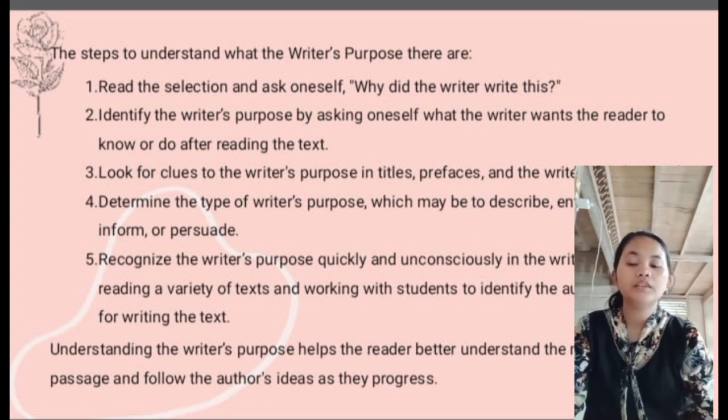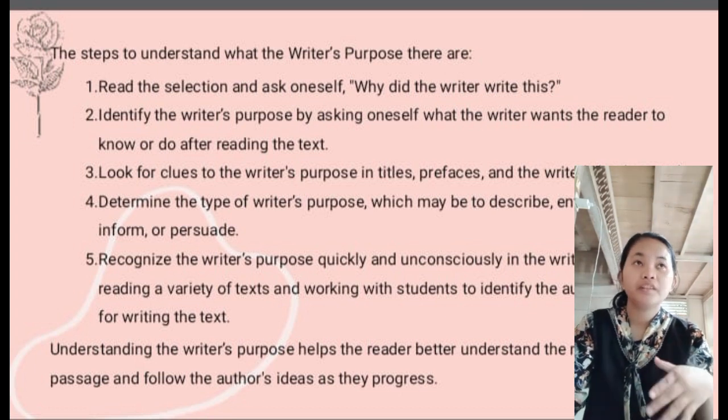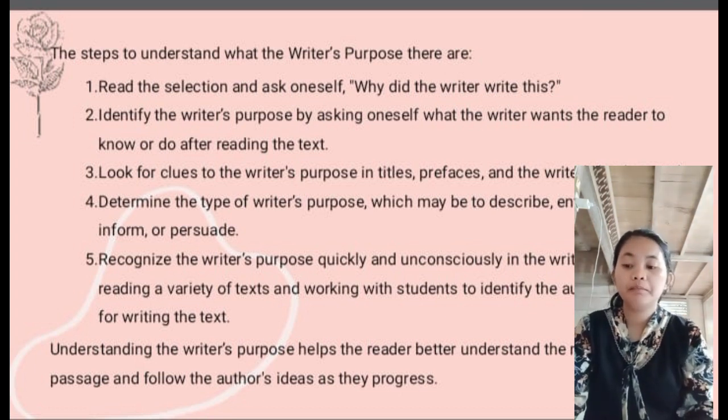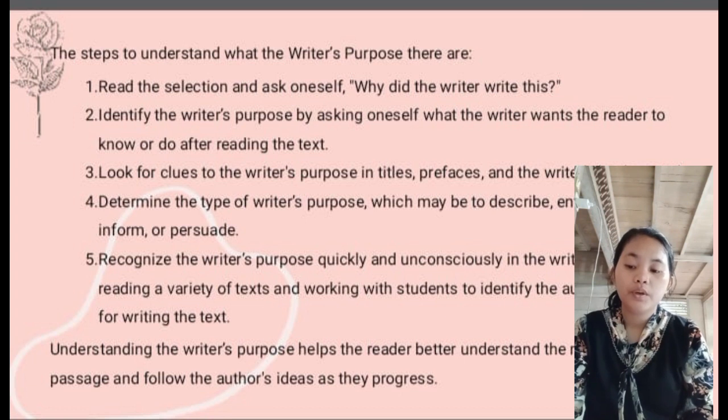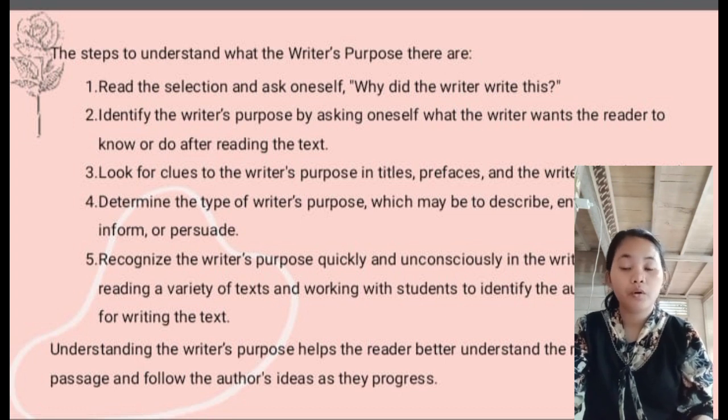The third, the next step, namely look for clues to the writer's purpose in titles, preface, and the writer's background. The fourth, determine the type of writer's purpose, which may be to describe, entertain, explain, inform or persuade.